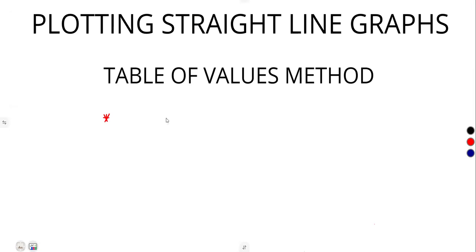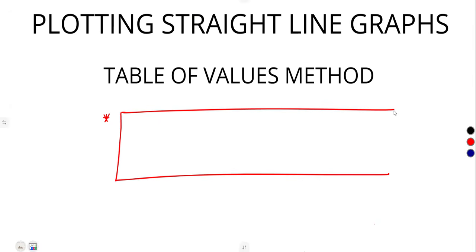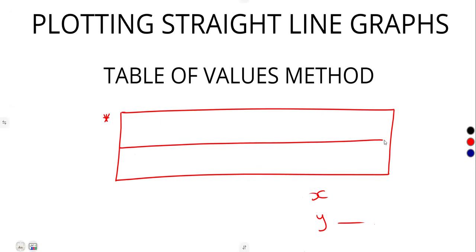With this method, you are going to have a table with the X and Y values. Then the Y value is obtained from the equation, where you substitute. So what you're simply going to have is the X value and the Y value.